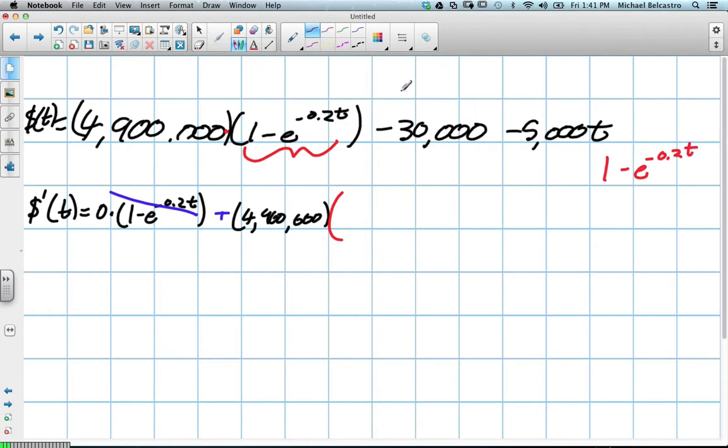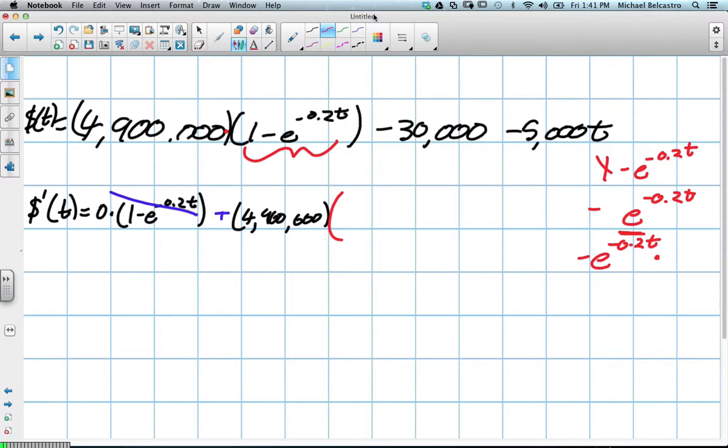Okay, so we go to derive this. The 1 derives into a value of 0. Okay? So the idea is this goes away. And we have negative e to the power of negative 0.2t. Think of this almost like a negative 1 value, you could say. When we go to derive this exponential function, specifically of e, we keep the original. So we have our negative e to the power of negative 0.2t. Okay.